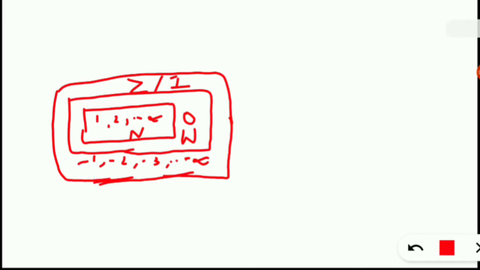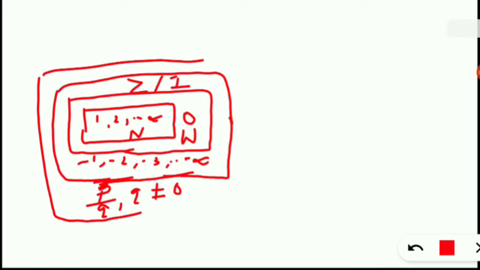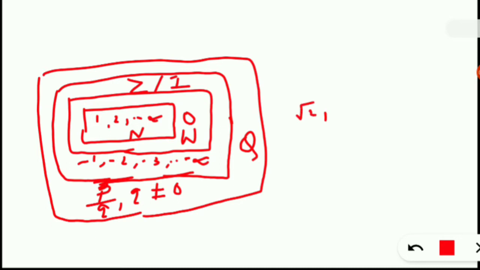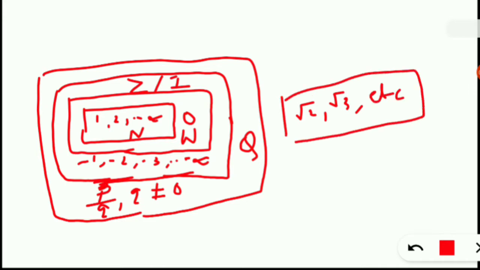Okay, next rational numbers, that means p by q form, where q is not equal to 0, and rational numbers are denoted by capital Q. After that, separately, irrational numbers, that means root 2, root 3, etc. These are the irrational numbers.